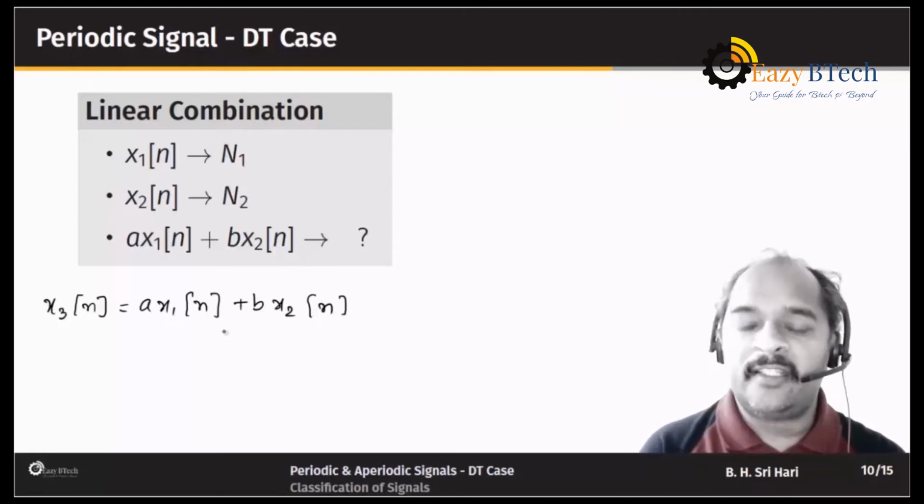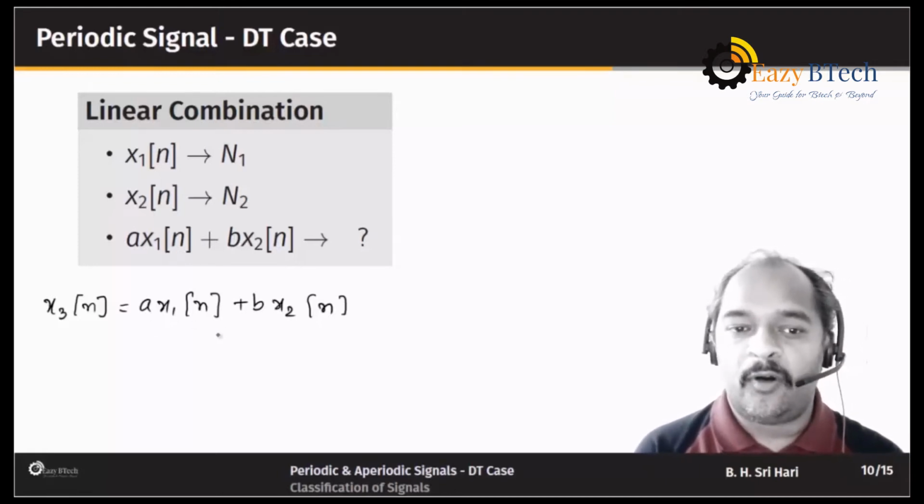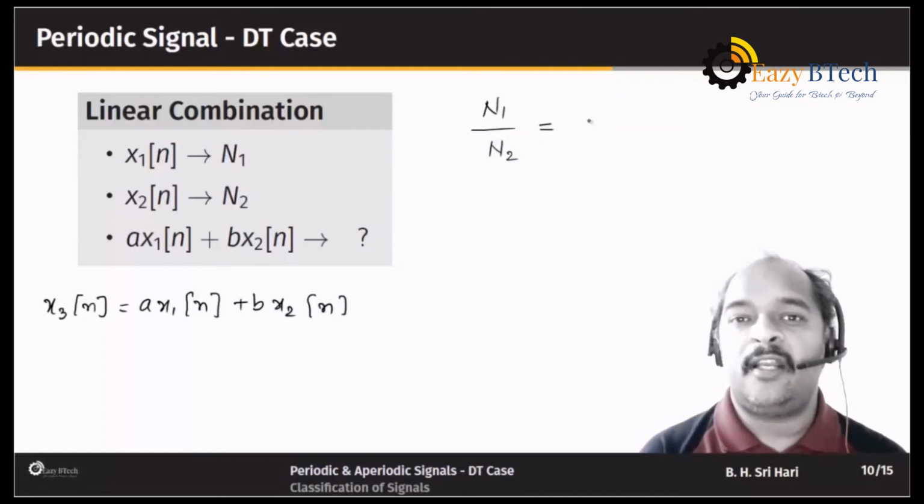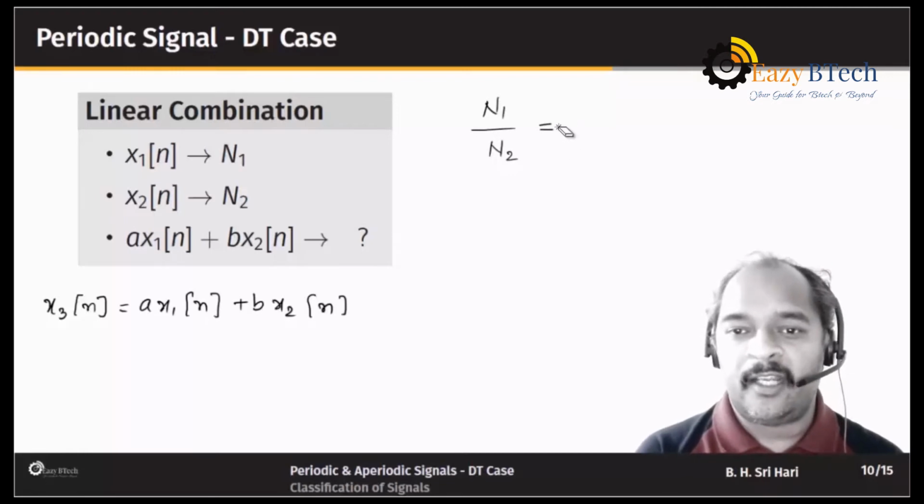We have already seen in the continuous time case that if you want the linear combination of periodic signals to be periodic, the requirement is that we need the ratios of the periods to be rational numbers.